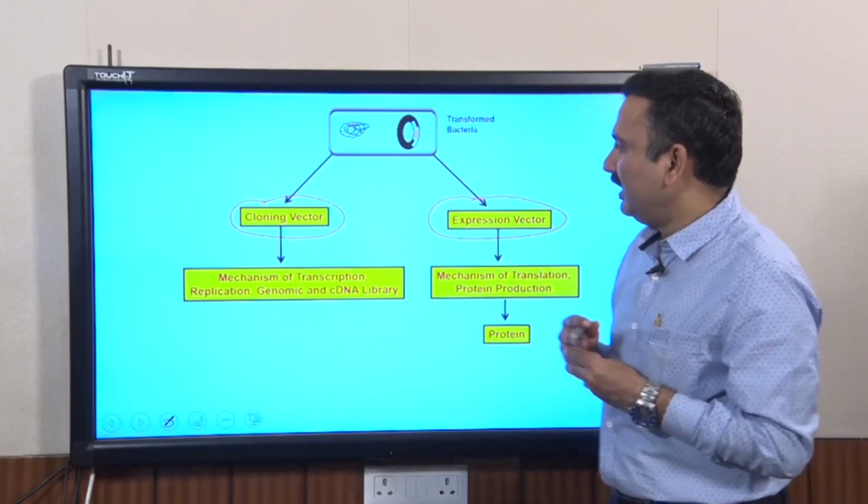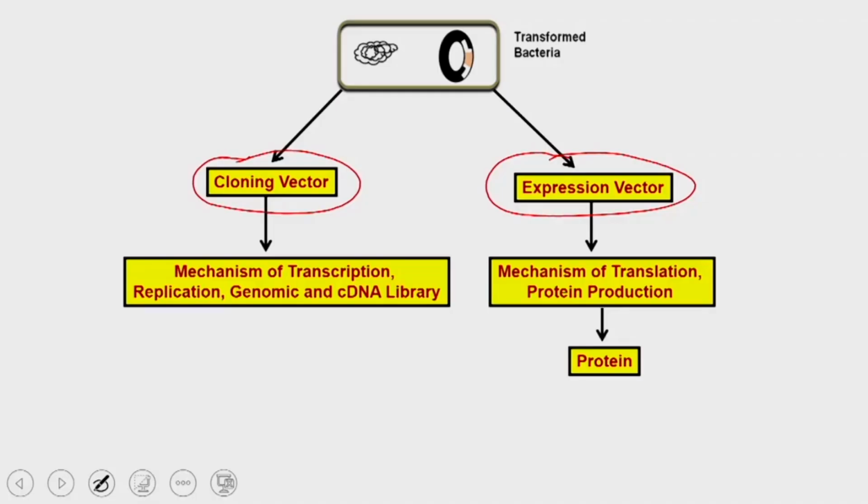In the case of a cloning vector, suppose you have generated a recombinant clone into a cloning vector.